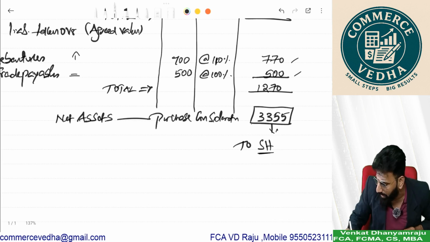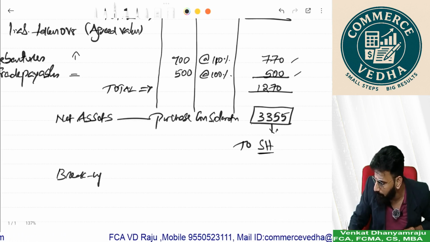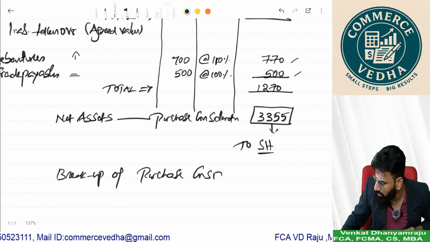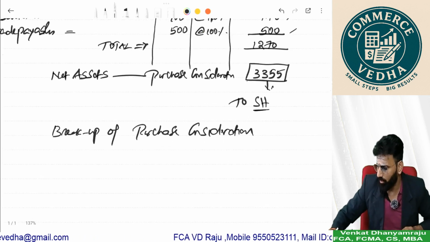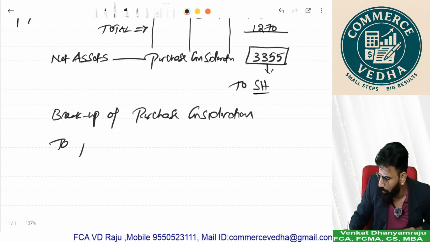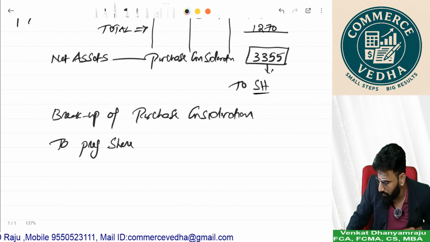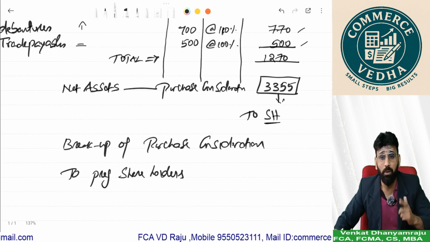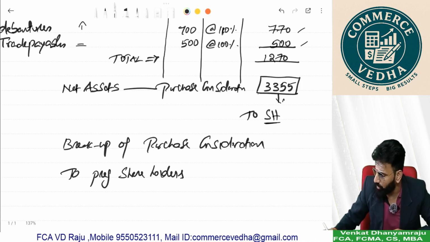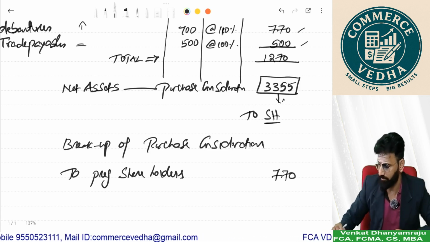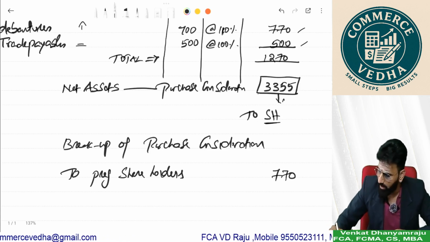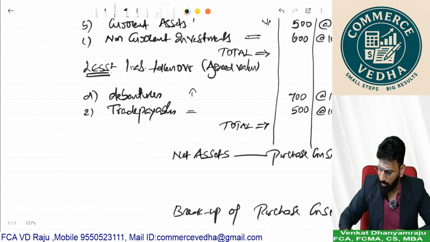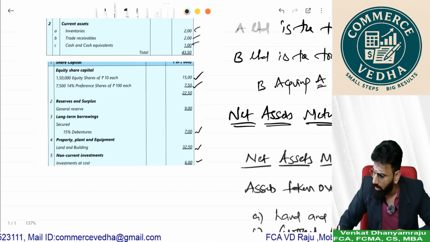Now we need to know the breakup of purchase consideration. How do we know this? Now, to preference shareholders, it says you should discharge them at premium. So, to preference shareholders, you should pay 770, not 770. It is the debenture holders. We'll see what is preference capital in the books. Preference capital in the books is 750.